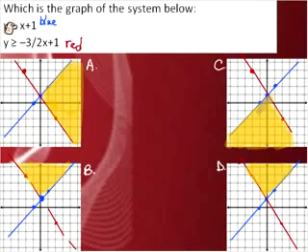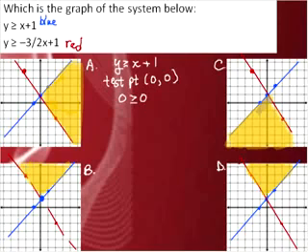So if we take y greater than or equal to x plus 1, and we use a test point of 0, 0. Substituting 0, 0 in, we'll get 0 greater than or equal to 0 plus 1. So is 0 greater than or equal to 1? That's a no. So for the blue line, we should be shading above the blue line.